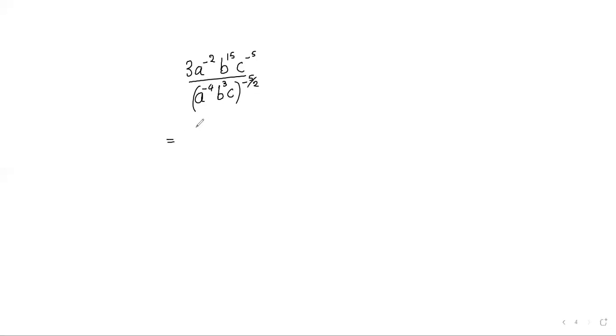Now the bottom one, this is -2, b^15, c^-5, and then that's going to be a^-4 multiplied by negative 5 over 2, b cubed, c.